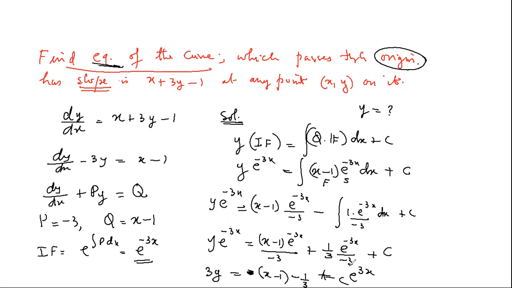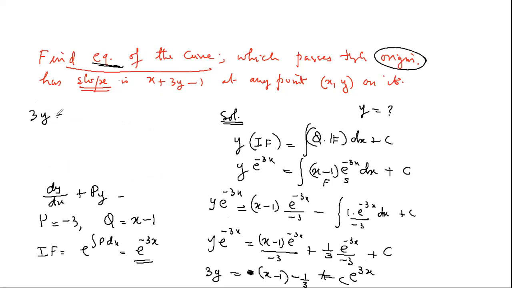I'm sorry, I cannot write properly. Okay, let me write it over here then. So 3y, students just check that what I'm writing is correct. So I multiplied with the 3; 3 is still remaining here.